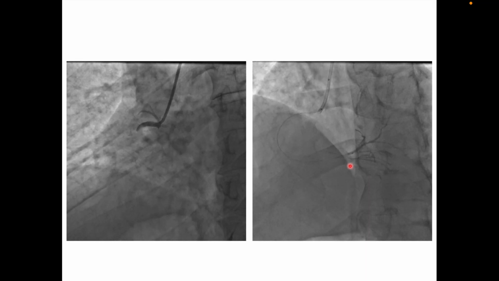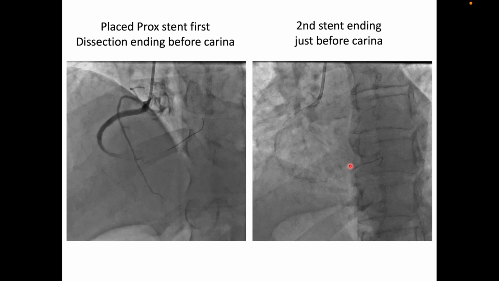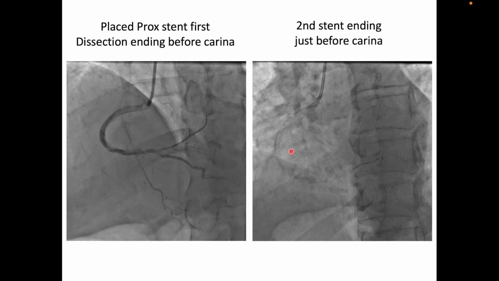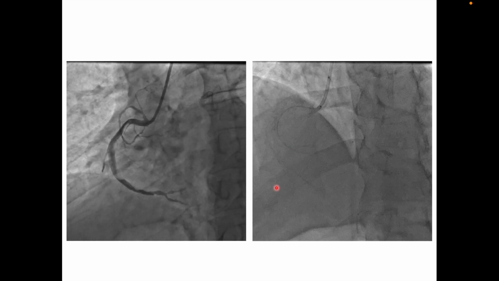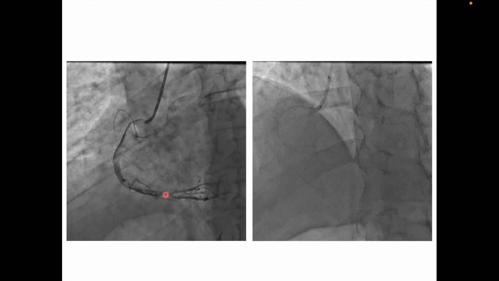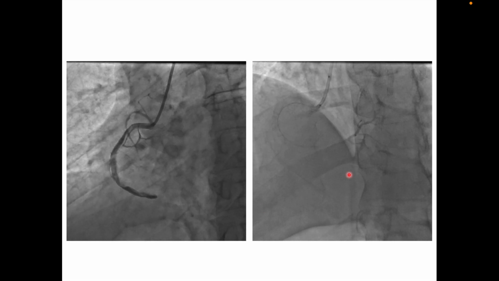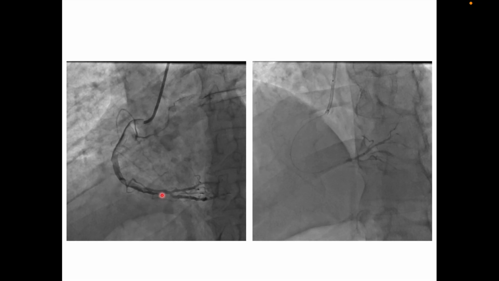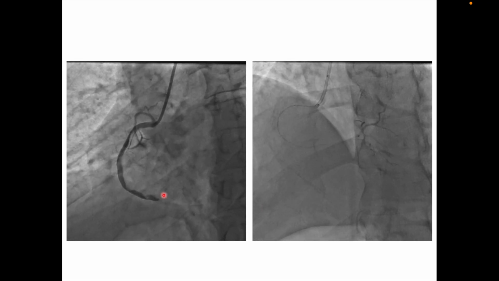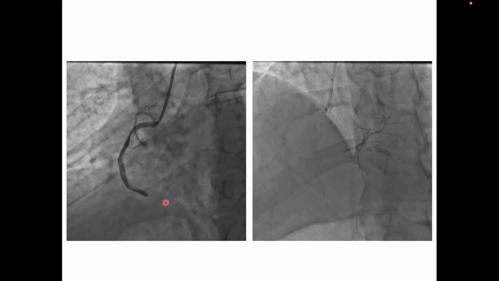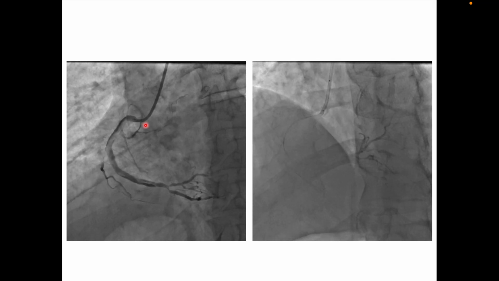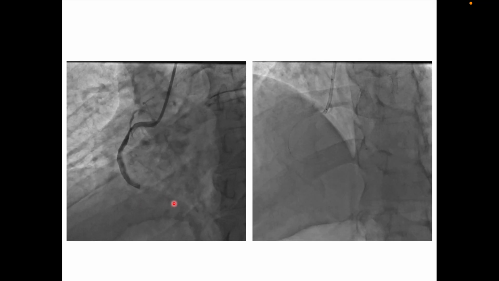So then I wanted to start stenting. My target was that I did not want to extend beyond the carina. So this was my target landing zone just before the carina in the distal RCA. To make a clear placement here, I needed a contrast injection, and I can't take more contrast injection, otherwise the dissection will extend.